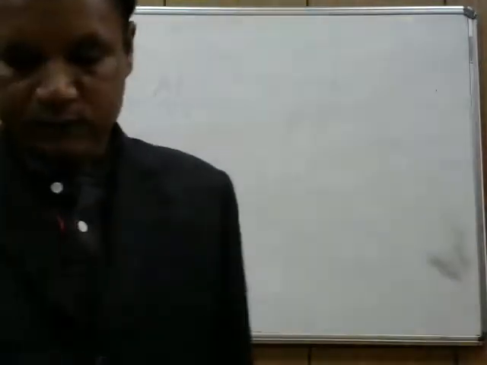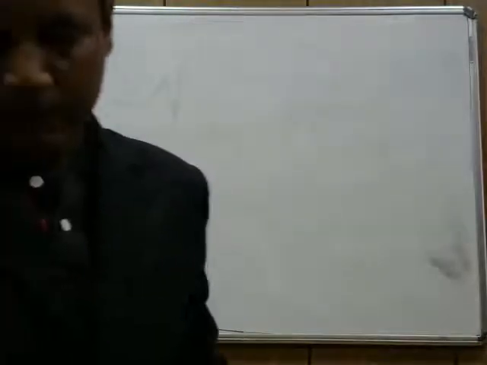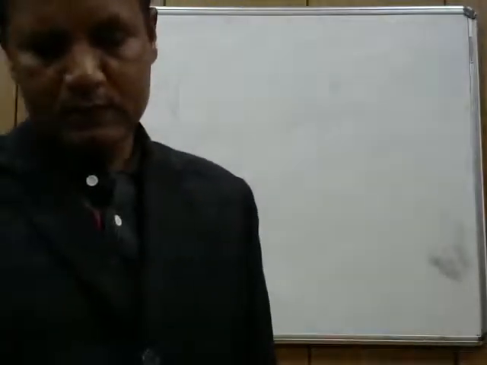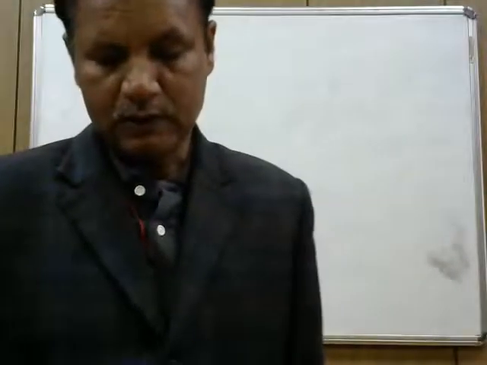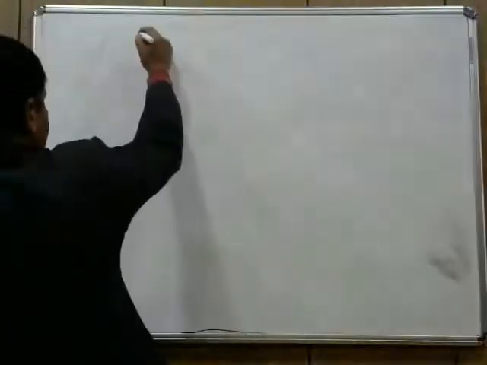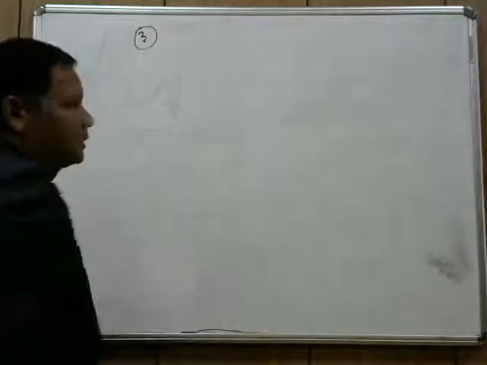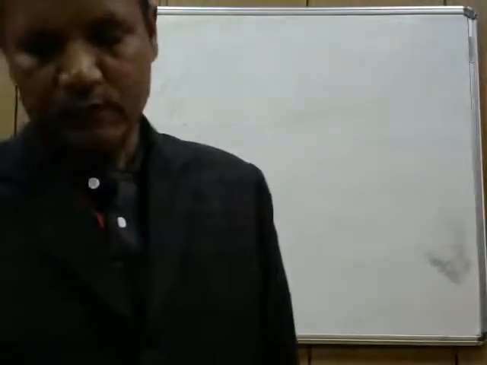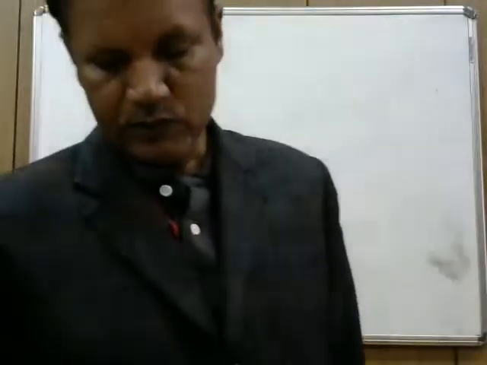In the miscellaneous we have one question, the third question. The two equal sides of an isosceles triangle with fixed base B are decreasing.